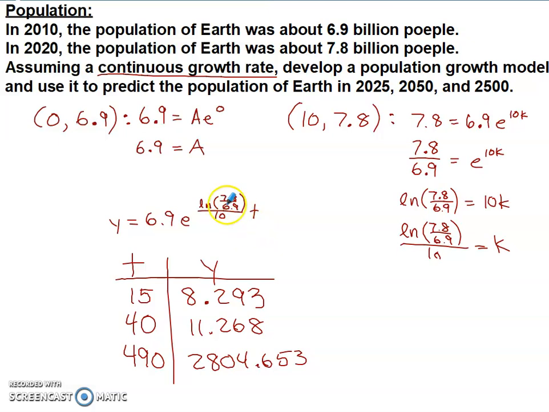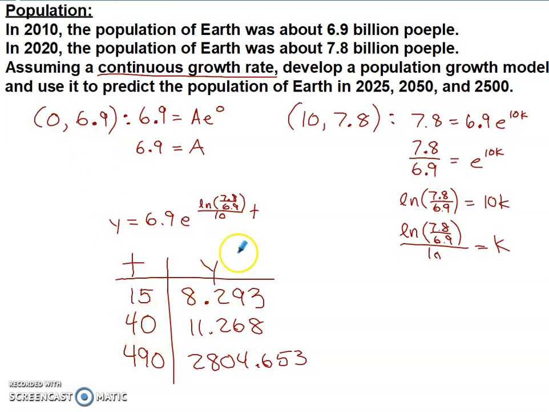So here is my growth model for the population of the planet. To figure out my estimate for the population in 2025, I would recognize that that is 15 years after the t equals 0 location. If I put 15 in place of this t and evaluate this, I end up with 8.3 billion people. 2050 is 40 years after 2010, so 40 years after our 0 location.